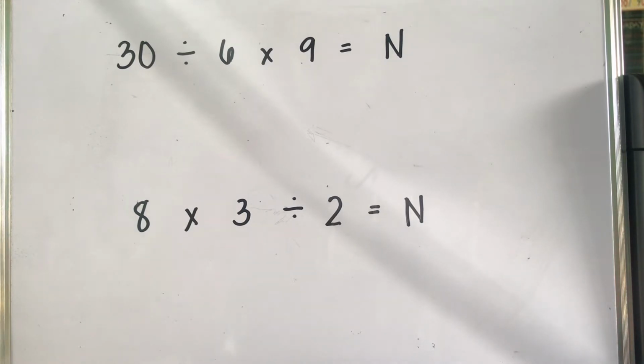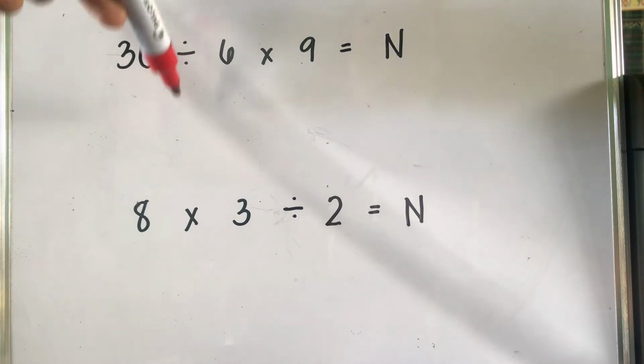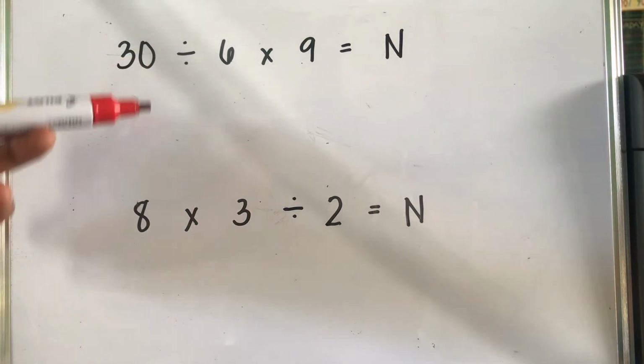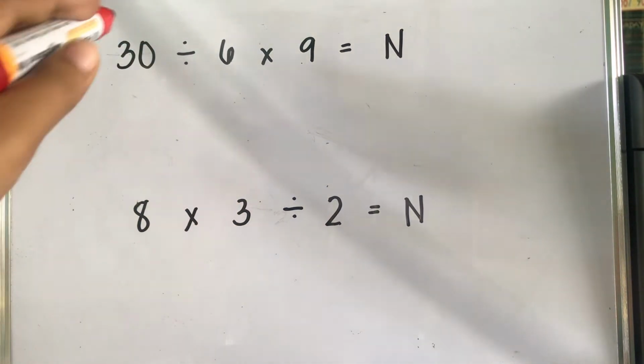So let's have our first example. Our first example uses the operations division and multiplication. Since the rule says that we should multiply and divide whichever comes first, and they both have division and multiplication, the first operation is division since it was written first. So we will solve this one.